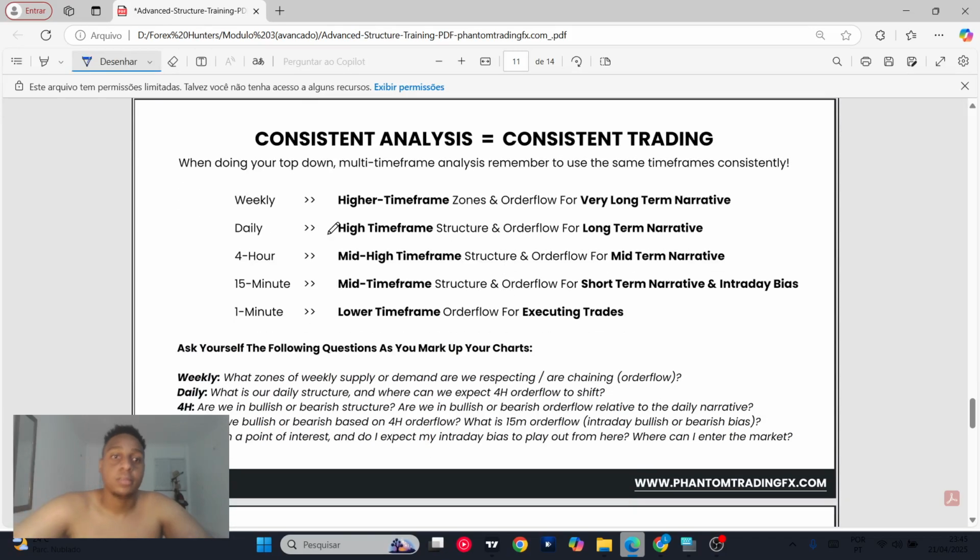So guys, understand something. Consistent analysis is consistent trading.